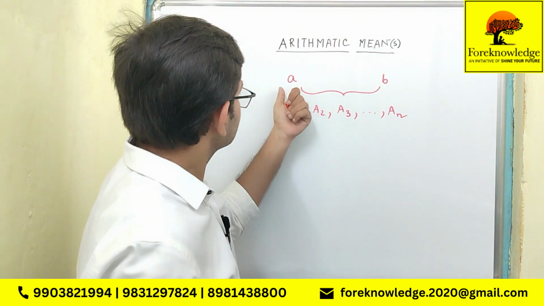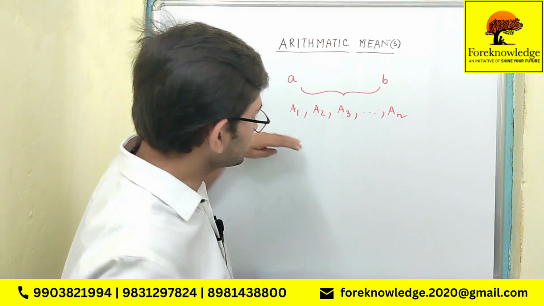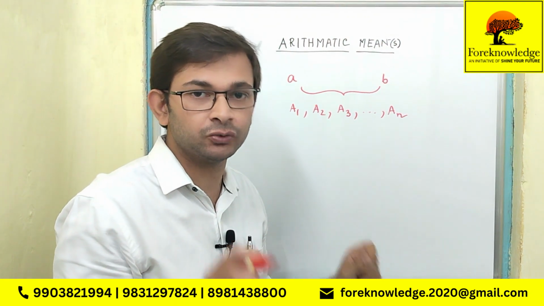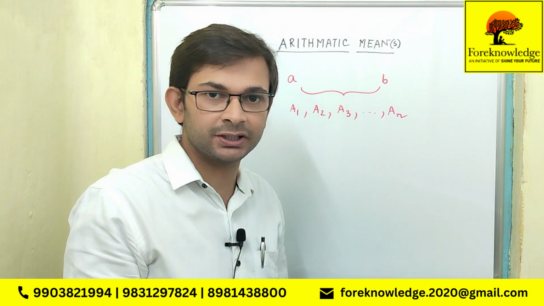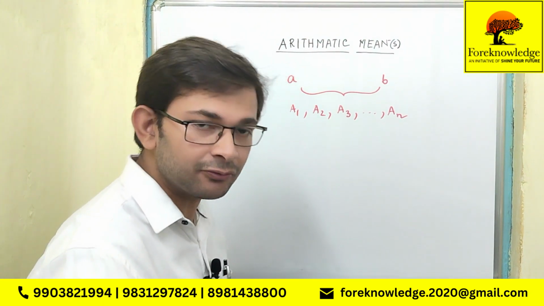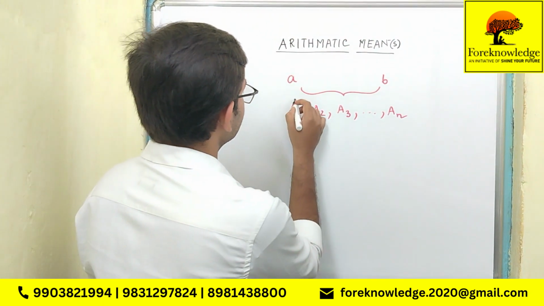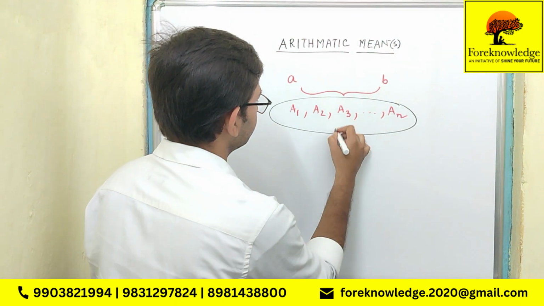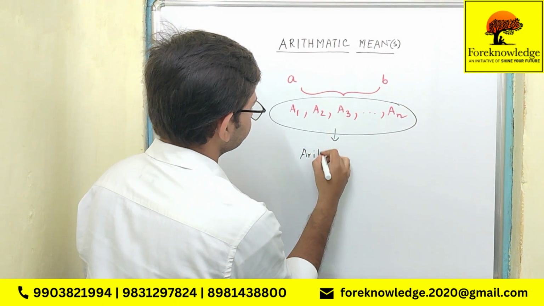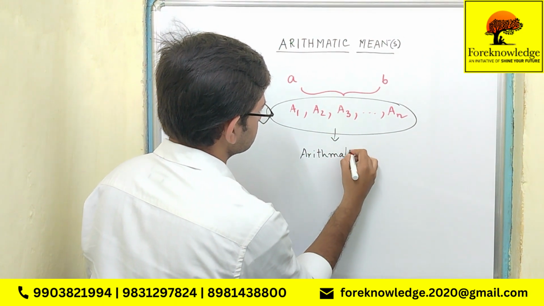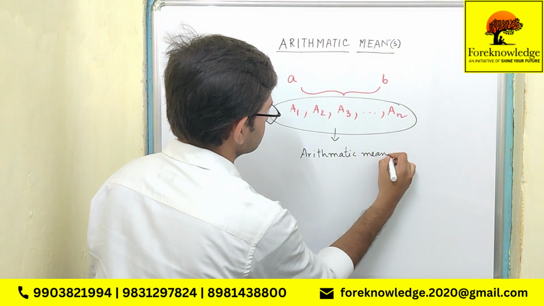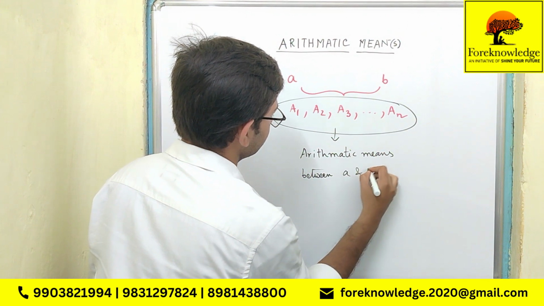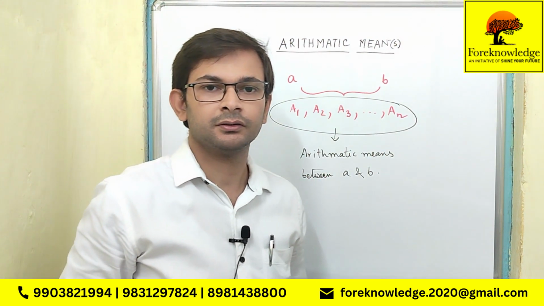So if A, these n quantities and B, all of them together form an arithmetic progression, then these n quantities, A1 up to AN, are called arithmetic means between A and B. Got the concept?